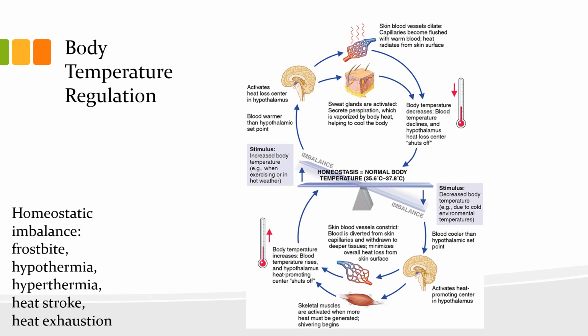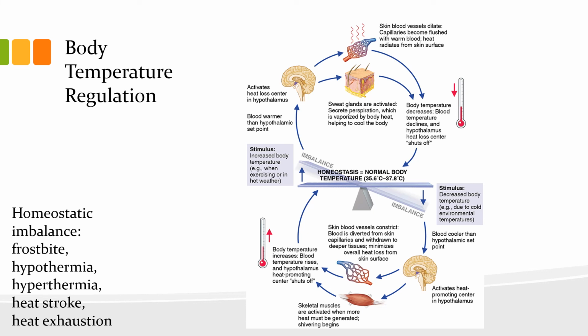Body temperature regulation. We see homeostasis in the center here is normal body temperature, 35.6 degrees Celsius to 37.8 degrees Celsius. Doing the top circle first, the stimulus is increased body temperature. When exercising or in hot weather, blood becomes warmer than the hypothalamic set point, which activates heat loss centers in the hypothalamus.